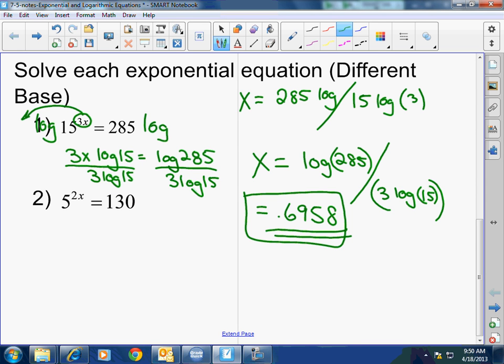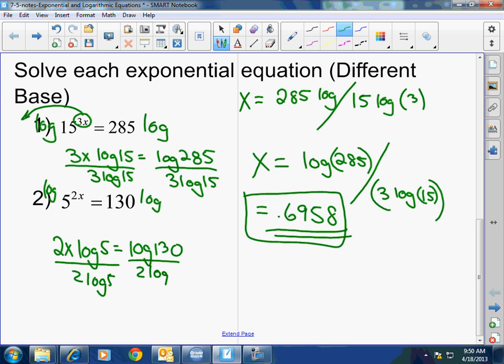Next, 5 raised to the 2x equals 130. Do I have a common base here? No, unfortunately not. But I can log both sides. So I'm going to have 2x log of 5 equals log of 130. Divide both sides by 2 log of 5.